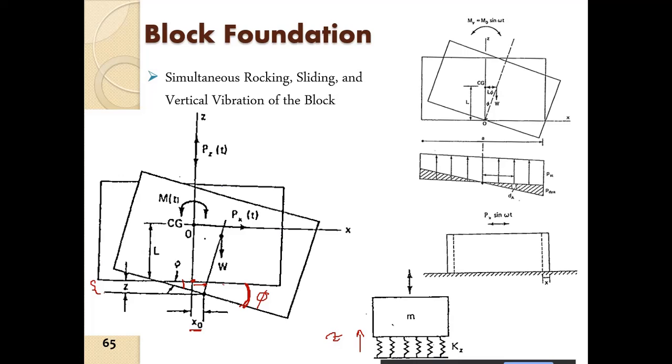So now we are considering all of these forces together. We will have three equations of motion, as we have discussed in the previous case. One is the summation of forces in the z direction.